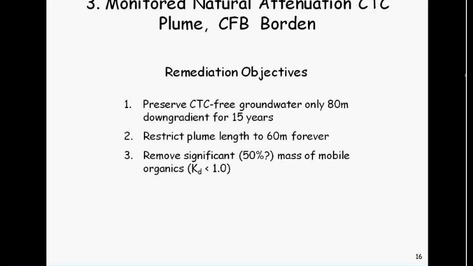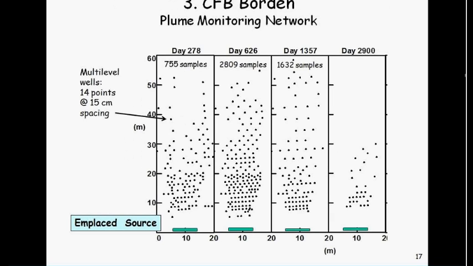Let's see if natural attenuation was doing that. So here's a monitoring network. The sources are the green boxes at the bottom. The dots are multi-level wells going down gradient. So this is a plan view. And these are the wells that were sampled on the different sampling dates that we'll show. Each of those wells, in fact, has 14 points spread vertically at about 15 centimeter spacing.